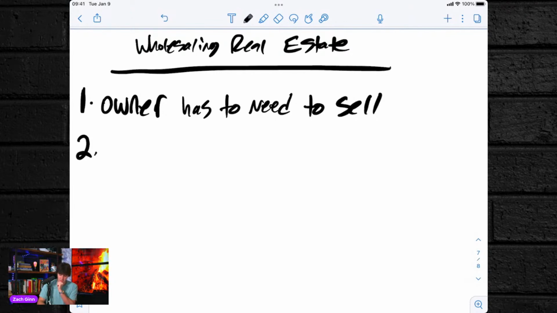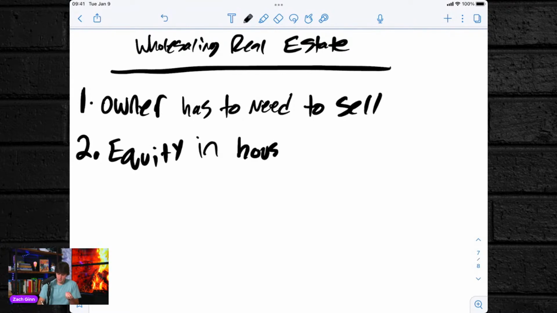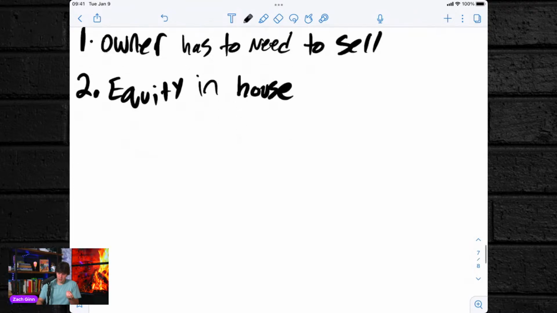All right. Number 2, there has to be this funky thing called equity. Okay. There has to be equity in the house. And let me go on a quick equity tangent.